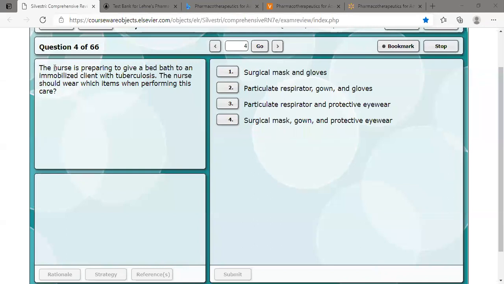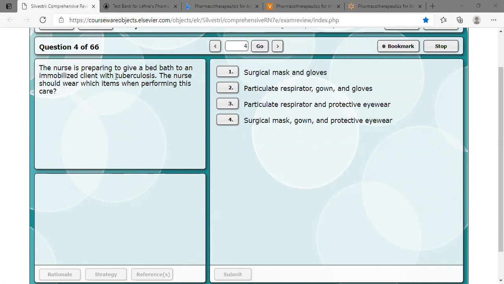Question here: the nurse is preparing to give a bed bath to an immobilized client with tuberculosis. The nurse should wear which item when performing this care?